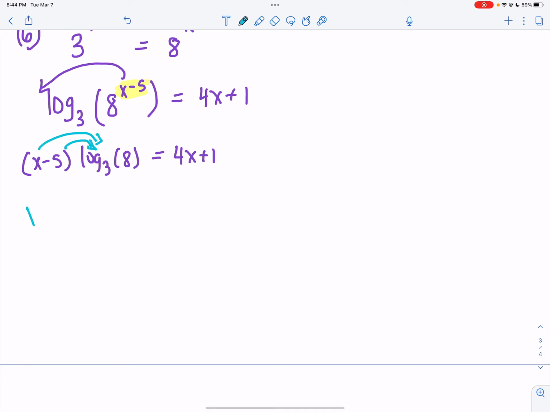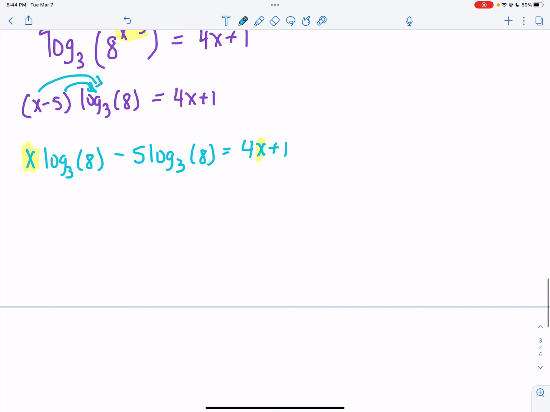I have my x kind of isolated so that I can turn my two x's into 1x by subtracting 4x to the left side and then adding the 5 log base 3 of 8 to the right side. So right now, my next step is to rearrange my terms so that I have my variables on the left side and then my constants on the right side.